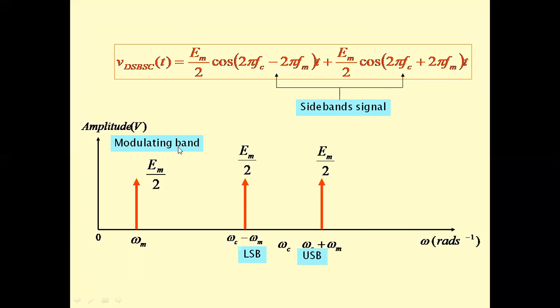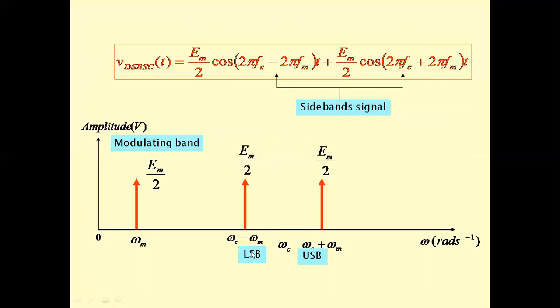So you are getting the upper sideband and you are also getting the lower sideband. Let us take this as the modulating signal having the frequency omega m. The carrier is missing here. This right side portion is the spectrum of the DSBSC. The carrier signal is absent. We have the upper sideband whose frequency is omega c plus omega m in angular frequency, or Fc plus Fm in the original signal frequency, and this is the lower sideband, omega c minus omega m, or Fc minus Fm.